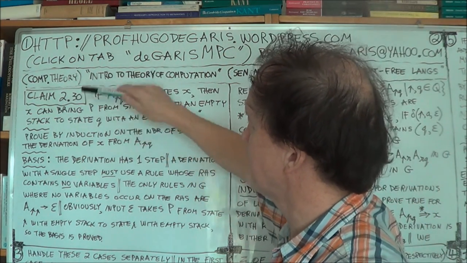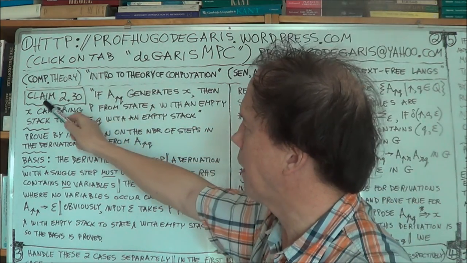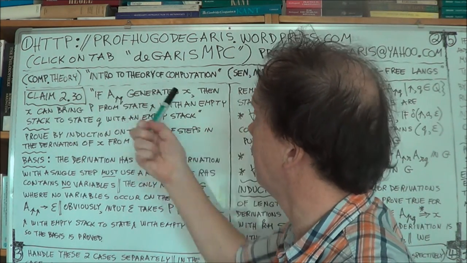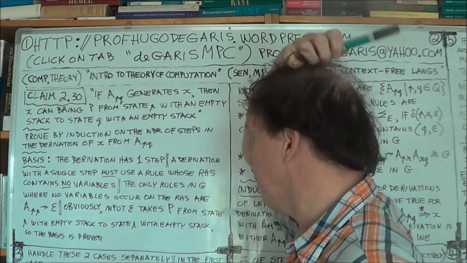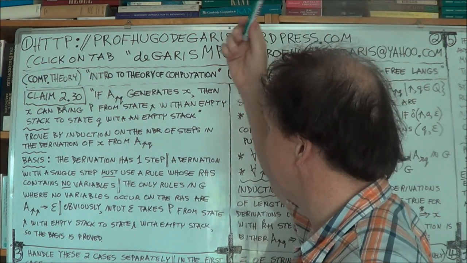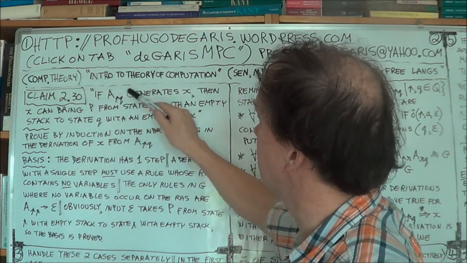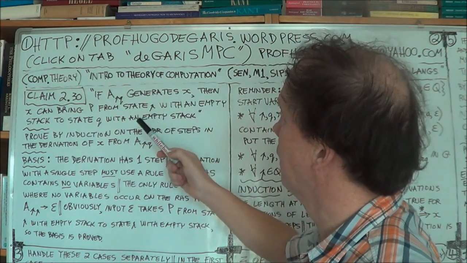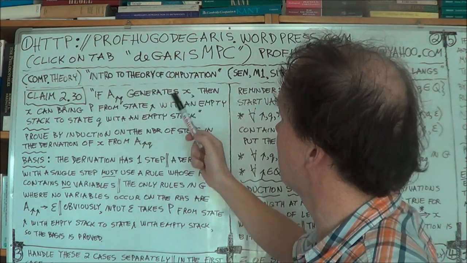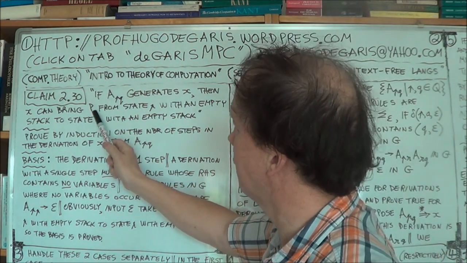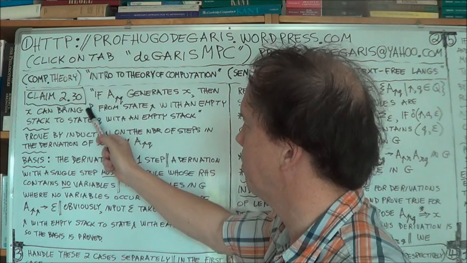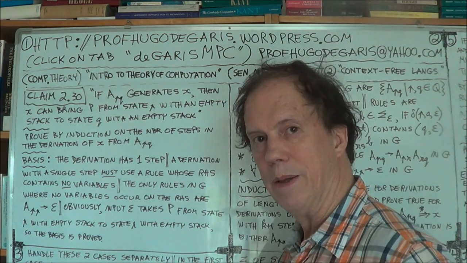So we got to this stage last time. I'm just writing it out a bit again here. We have to prove this particular claim. So if this variable generates this substring X, then X will take, now big P is just the PDA.